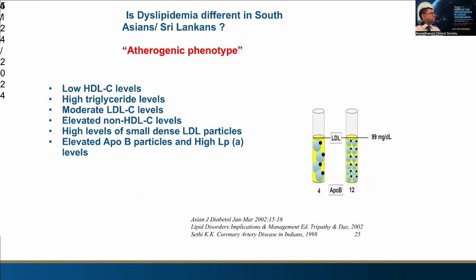And if you consider it, elevated non-HDL cholesterol levels are also observed. And LDL particles, especially ApoB and LPA levels, are relatively high in Asia, especially South Asians and Sri Lankans. I don't know, in your practice, do you check LPA levels? How many of you check?